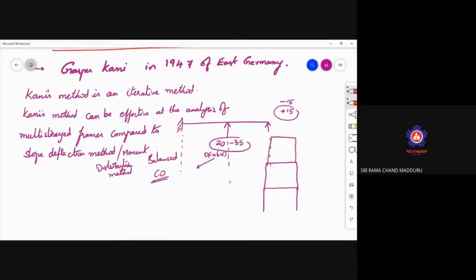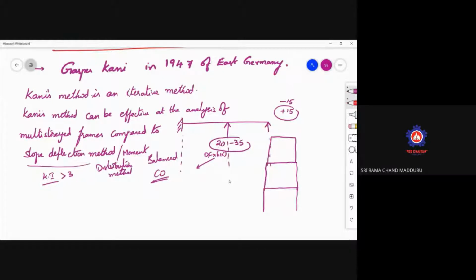Why it becomes very tedious is, in case of the slope deflection method, if I ask you about this frame, the kinematic indeterminacy will be much larger. If the kinematic indeterminacy is greater than 3, you will get a number of equations.